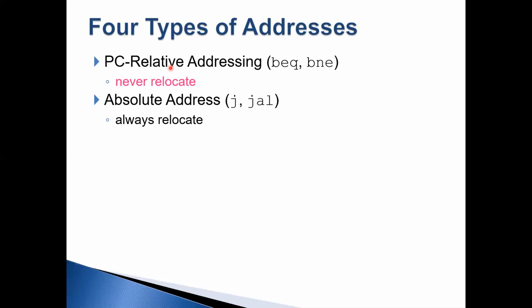But for J or JAL, here is the place where you need to resolve the address, because after the assembler stage, we don't know the actual address yet because we haven't combined the object files together. So only after we combine object files, we know the address of every single instruction now.